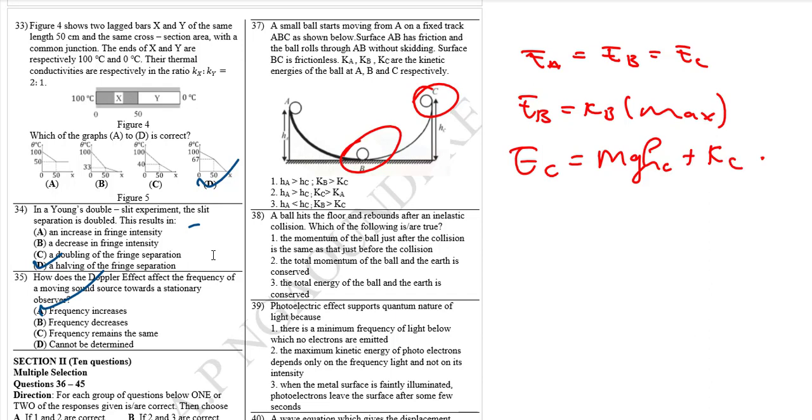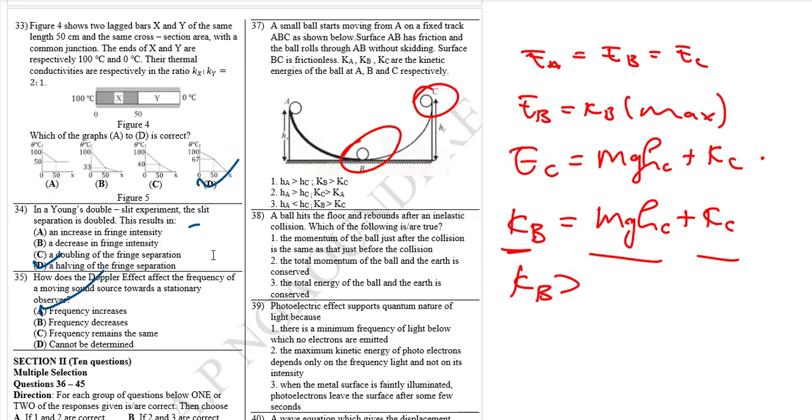Now, what do we know? From this equality, the kinetic energy at B will be equal to mg hc plus KC. You see that this energy is equal to the sum of two different energies, so it definitely means that KB should be greater than KC. So that's a way of analysis.